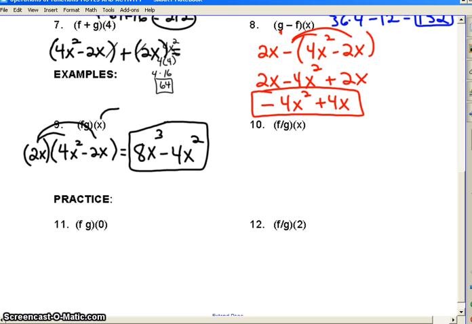Okay? Number 10, we're going to divide the two functions. It says f divided by g. So I have to put f of x on top, 4x squared minus 2x divided by 2x. So wouldn't it be 2x squared minus x? Yes, you could do this. They both have a 2x in common, so we could look at it like this.